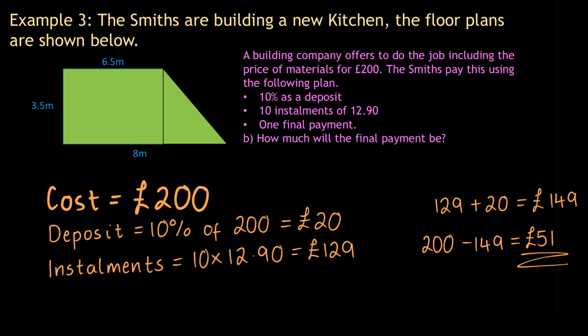So if we do that, it tells us that their final payment is £51. So £20 is a deposit, £129 as their weekly or monthly instalments, and the difference between those numbers added together in 200 is £51.